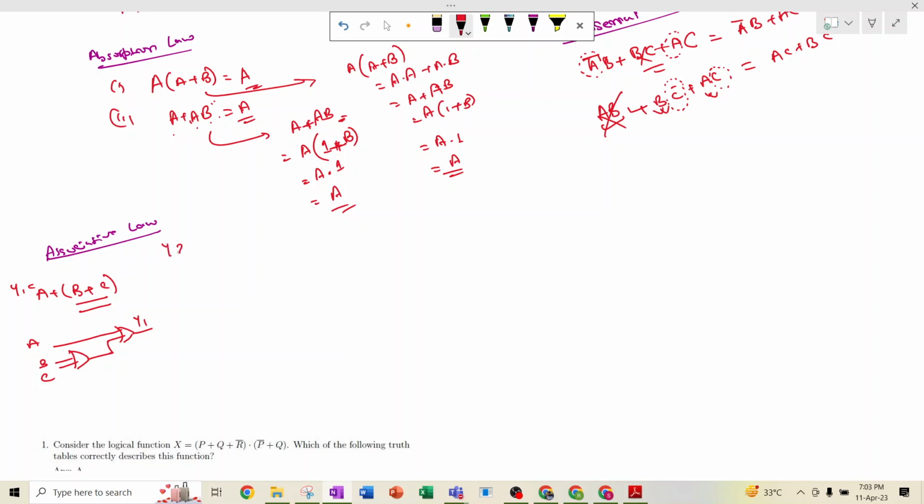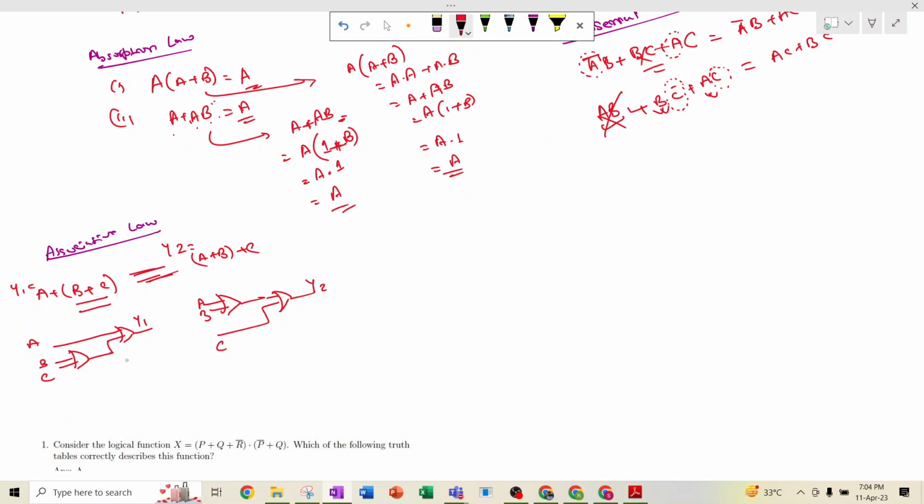Similarly, if we OR a and b first, and then we OR with c, then we get, suppose, y2. So these two are basically the same thing. That means we can interchange the order of this OR between the inputs.